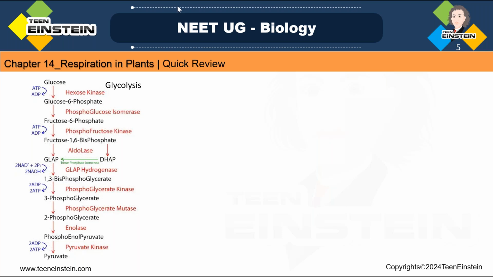So in glycolysis, these are the processes, and here I'll write the ATP formed and the number of NADH and FADH2.